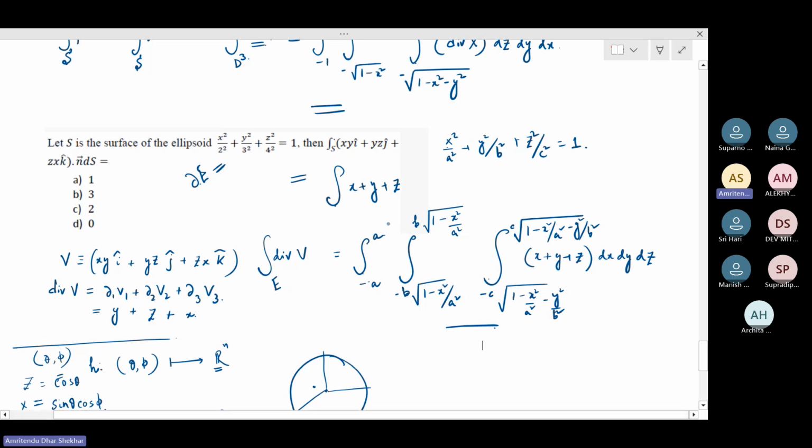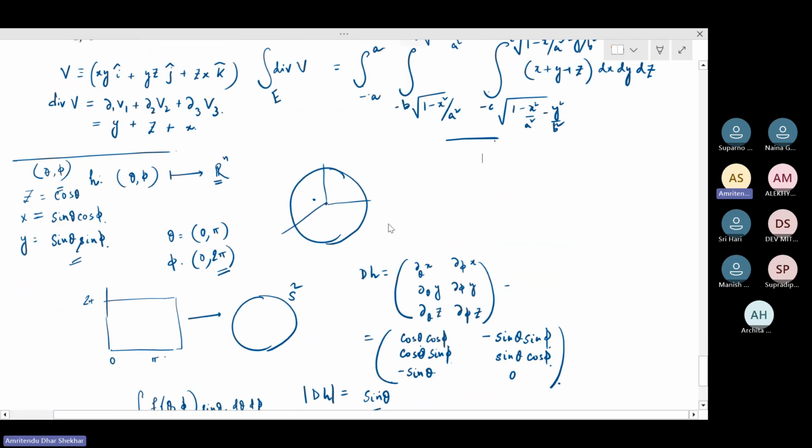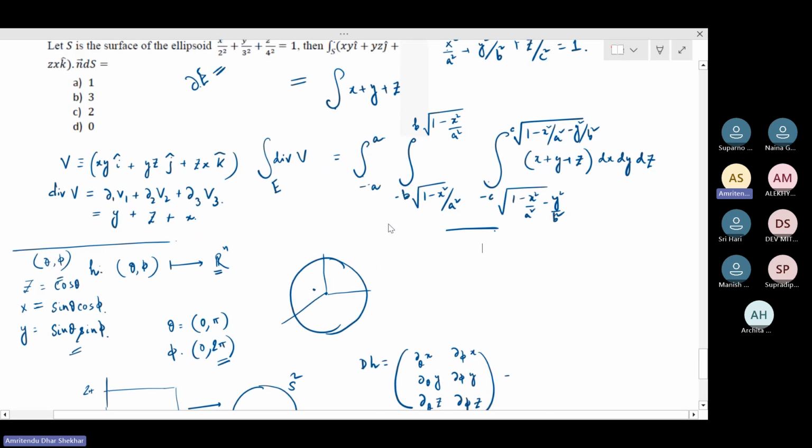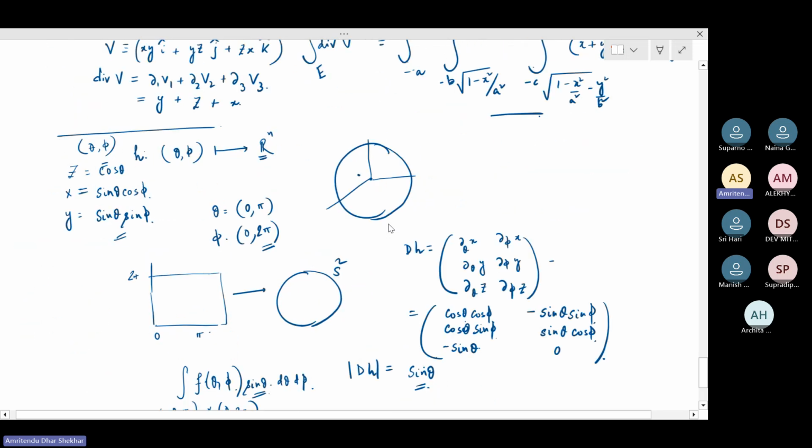Okay, now this is a problem that I suggest you try. This problem would be representing the ellipsoid using polar coordinates, right? In particular, you could use a set of polar coordinates for this ellipsoid.